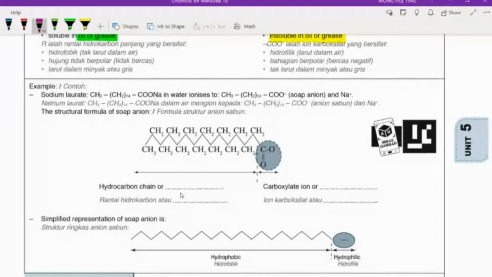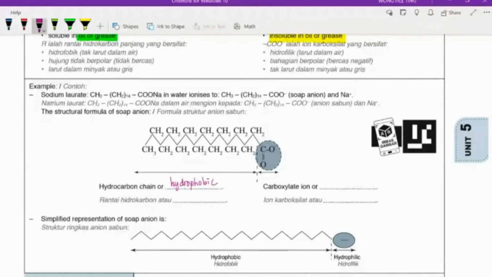Can you type what is the name for the hydrocarbon chain of the tail? This one I write already. Hydro what? Hydrocarbon. Remember the spelling.